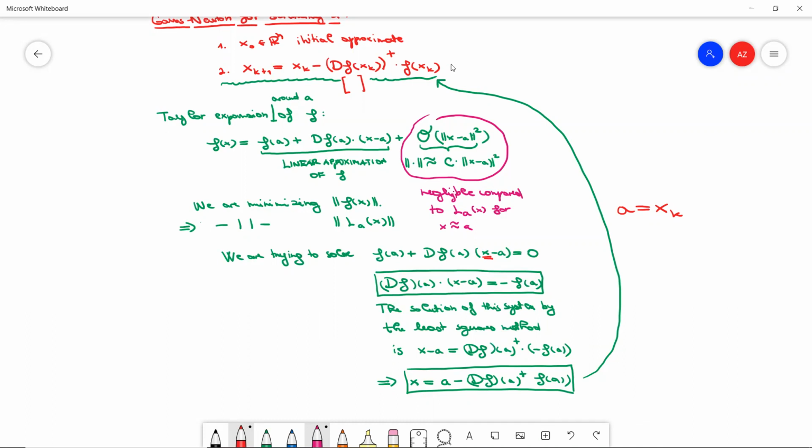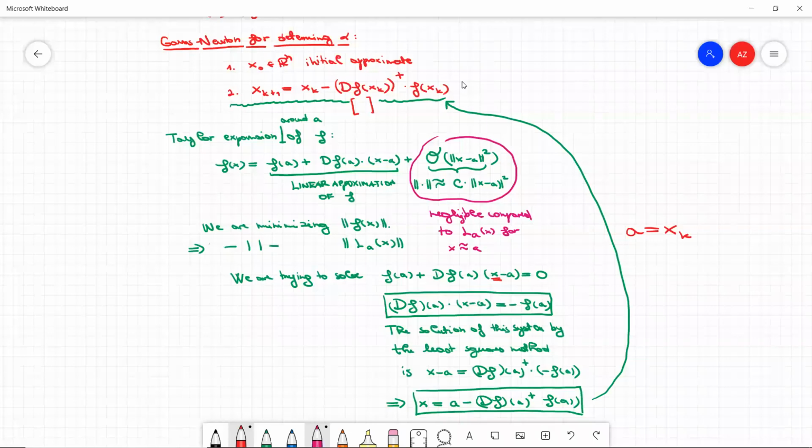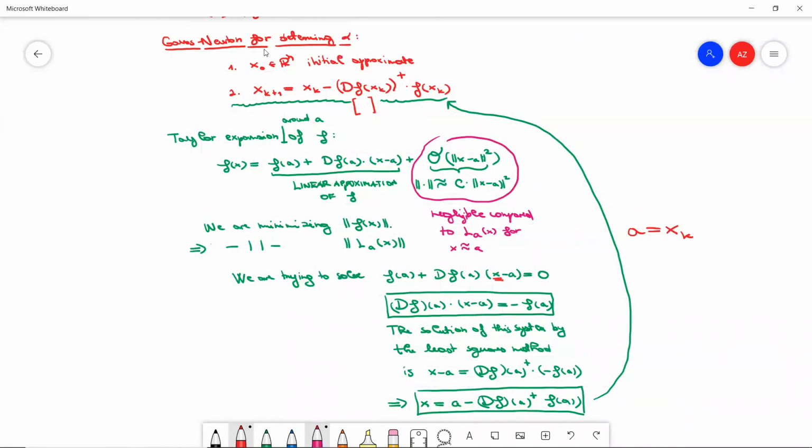And I would like only to mention that for the Gauss-Newton method to work, the assumption that we have more constraints than variables is not needed. We could also have the other way around. We could have more variables than constraints and still run Gauss-Newton's method. It's just choosing an initial approximate and then calculating the next approximate in this way.